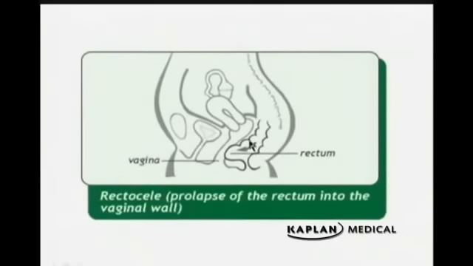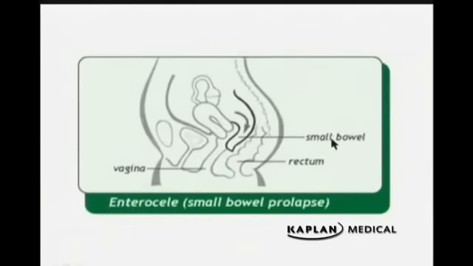On this one, we have normal anterior vaginal wall and a posterior vaginal wall. This is a rectocele. This is the enterocele, and you can see between the posterior uterine wall and the rectum, small bowel prolapses into the sac here.